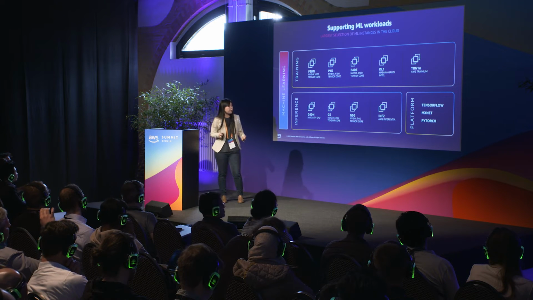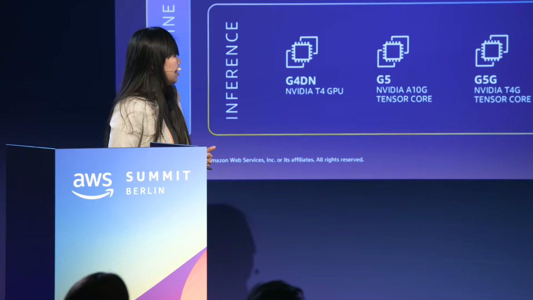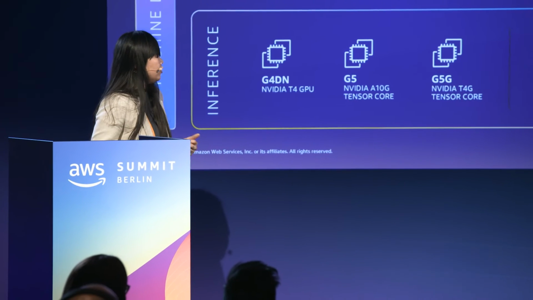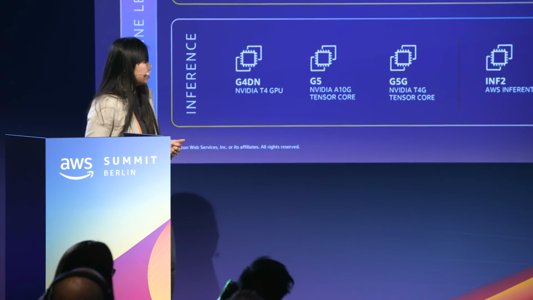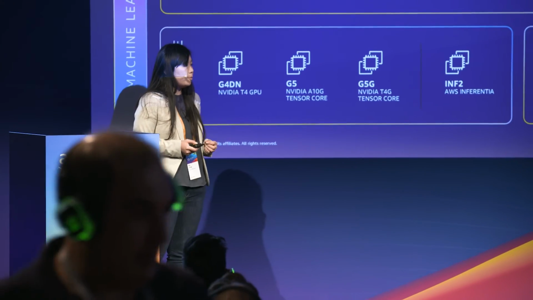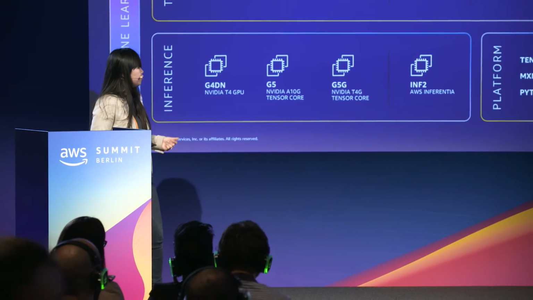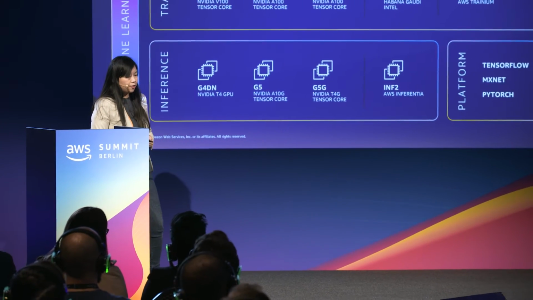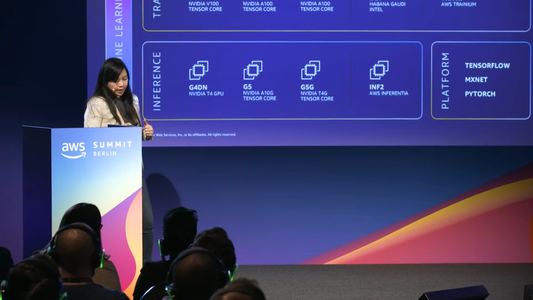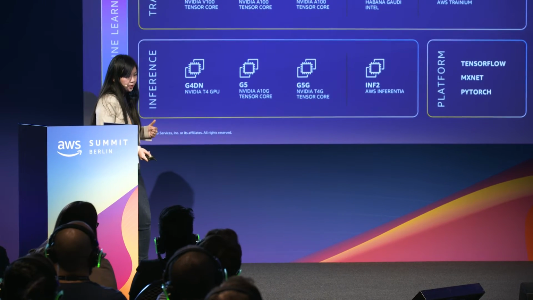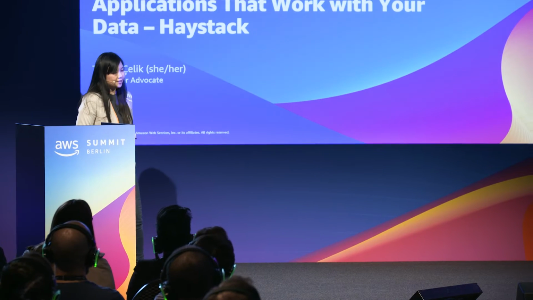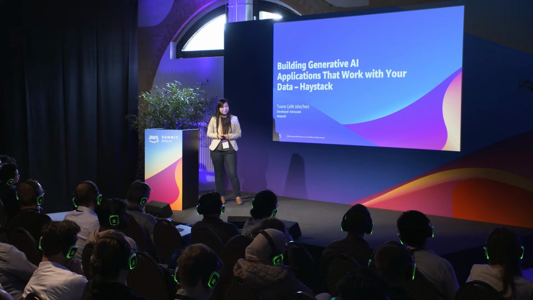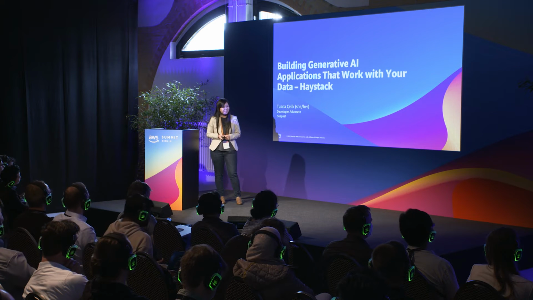It comes with an accelerator for inference, and you can get 40% better performance than other model inference types. So from here, I would like to switch to the next part and invite our delightful Tuana.